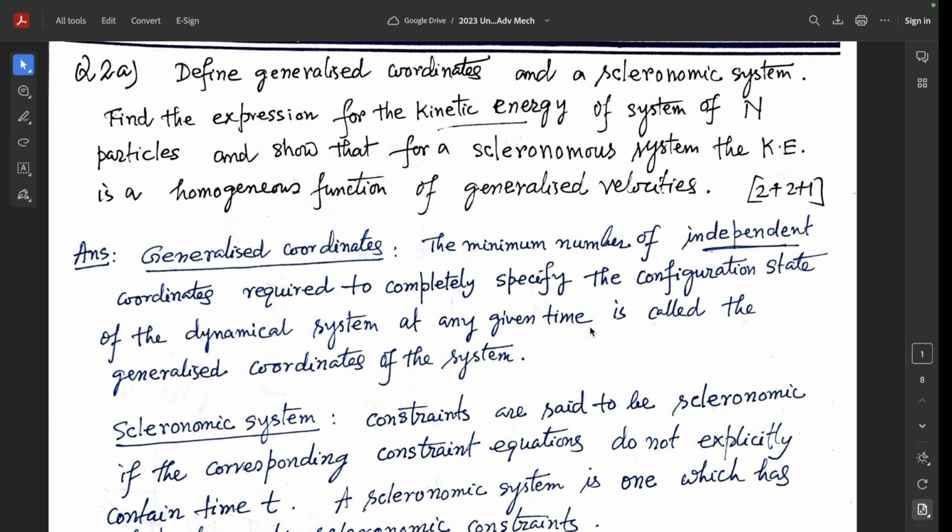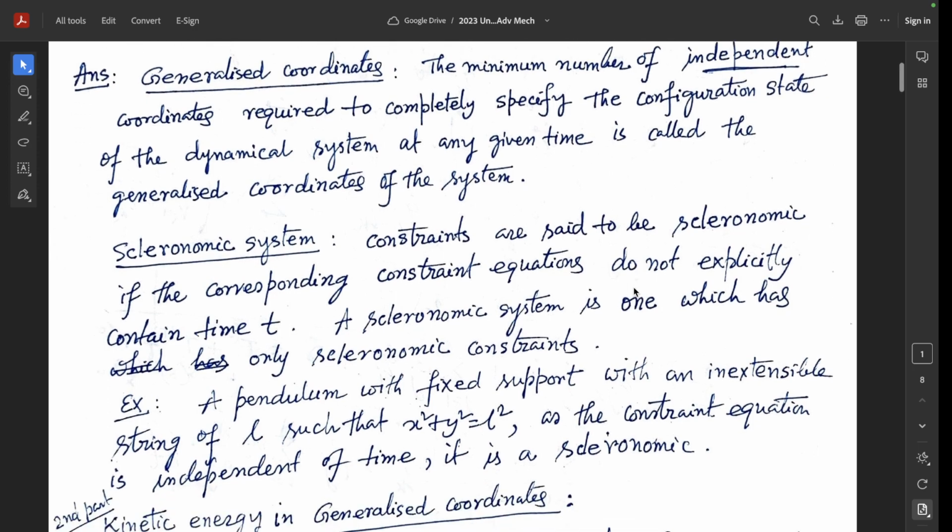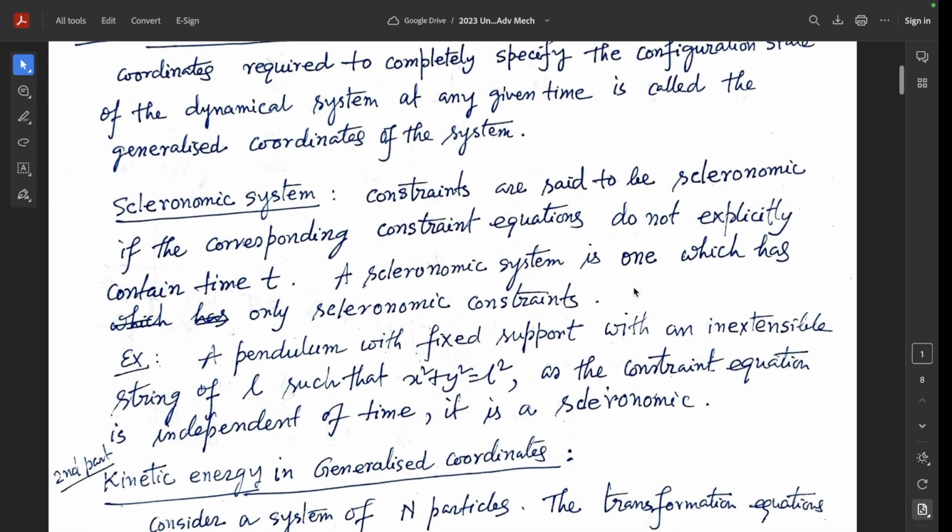Scleronomic system: constraints are said to be scleronomic if the corresponding constraint equations do not explicitly contain time t. A scleronomic system is one which has only scleronomic constraints.